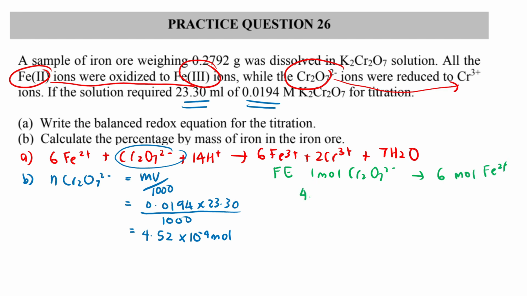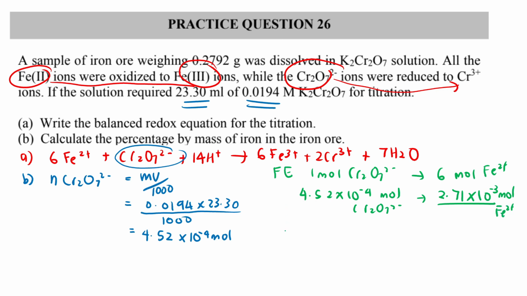So 4.52 exponent negative 4 mol of Cr2O7 2 minus will give how many mol of Fe2 plus? Same as before, cross multiply: 2.71 exponent negative 3 mol Fe2 plus.